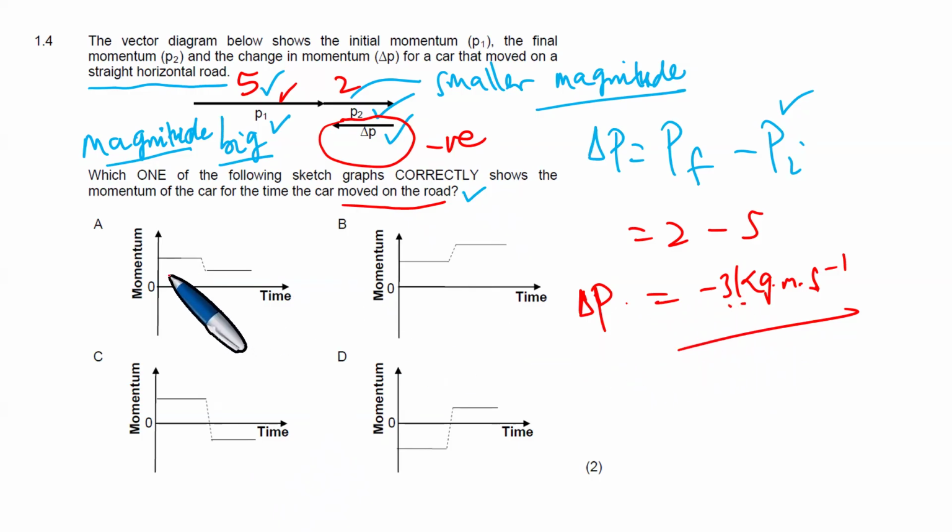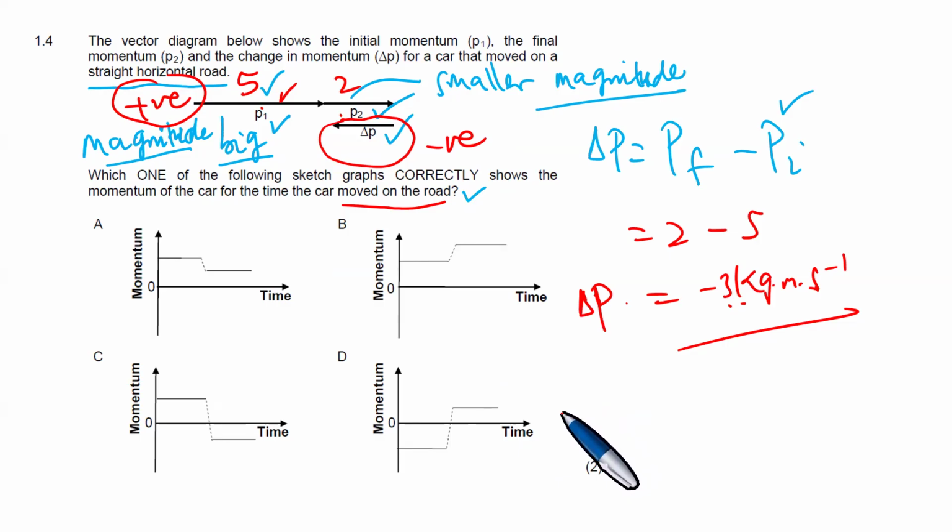But if we look at the two momenta here, you can see that it makes sense to say the initial momentum was positive and the final momentum was also positive, because they were in the same direction. Or they could both be negative, if you choose the initial direction as negative, of course.